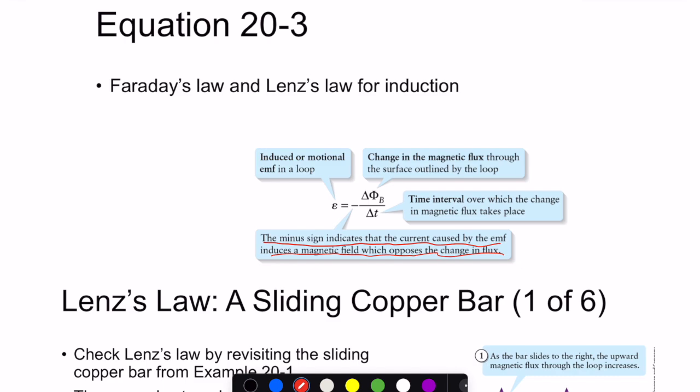Okay, the magnetic field that is created by the induced current opposes the change in flux. So to figure out the current direction, you should just figure out what direction the magnetic field resulting from it would need to point to oppose the change in flux.